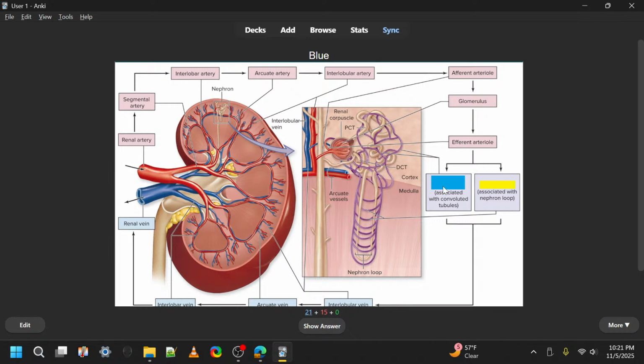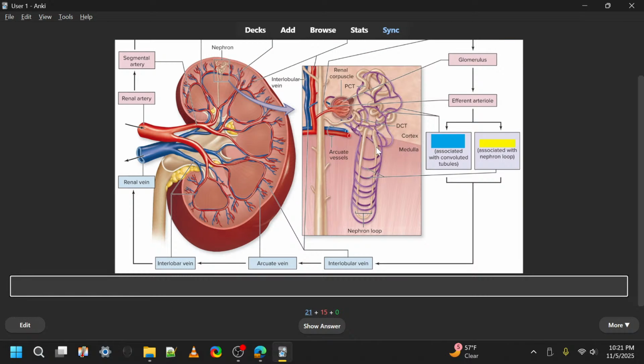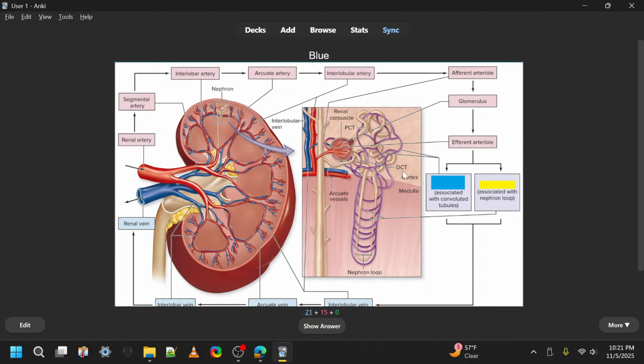The blue is associated with convoluted tubules. Wait, what? I'm confused on what this one is. It's pointing at this. So it's the capillaries that are associated with the convoluted tubules.